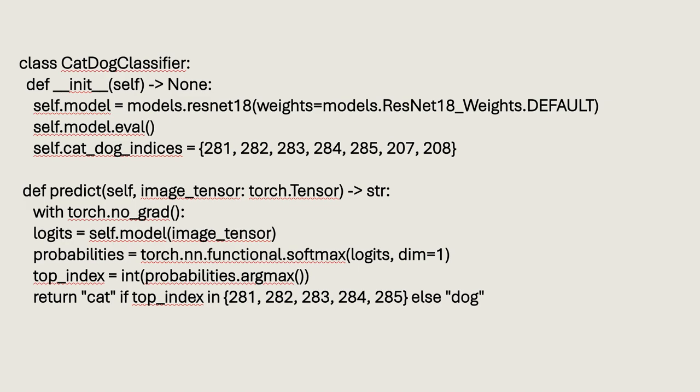These indices correspond to the cat classes. If the index is in this set, the function returns cat. Otherwise, it returns dog.